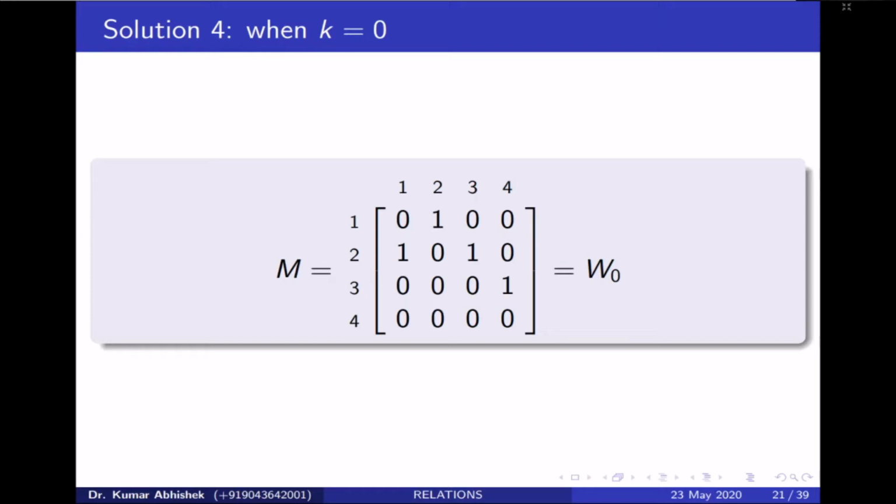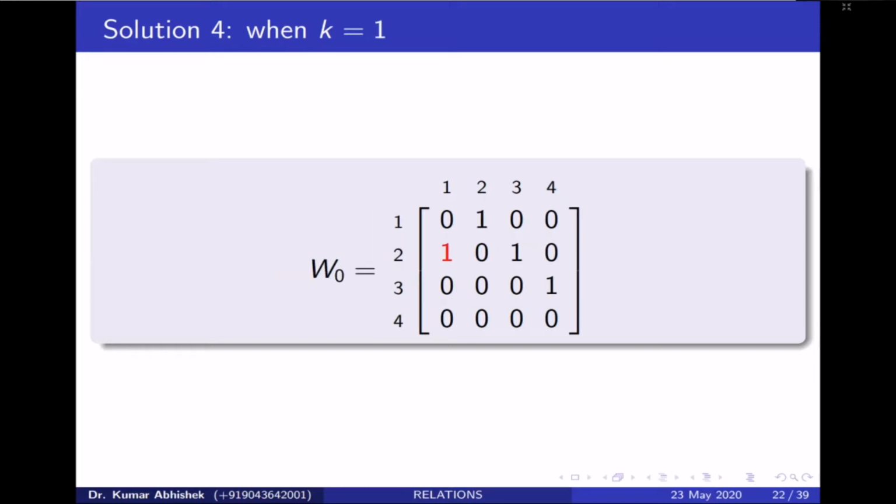Now we see that the first non-zero entry under column 1 appears at the second row, and the first non-zero entry along the first row of W0 appears at the second column of W0.